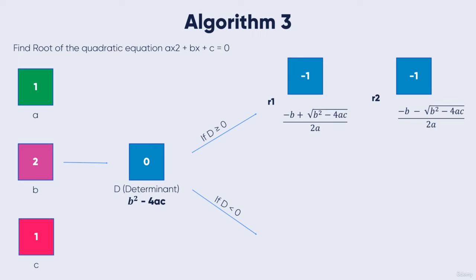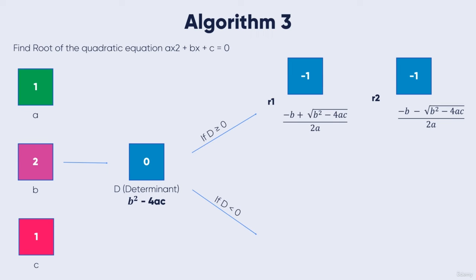Okay, we have a, b, c, D, and r1 and r2 till now. r1 and r2 represent the roots of this equation. r1 is calculated by minus b plus the radical of b squared minus 4ac, over 2a.